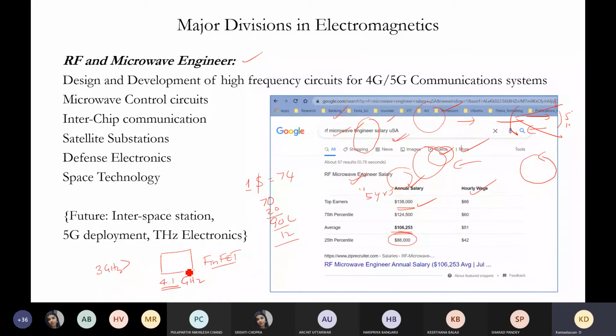In fact, the original intrinsic chip can operate at around 12 gigahertz, but due to many things like parasitics and delay lines, somehow they have optimized it to 4.1 gigahertz. And this is already in gigahertz, so whatever is applicable in RF and microwave systems applies here. Now, this chip is nothing but an RF system.